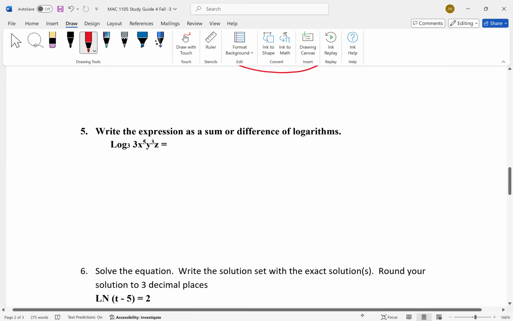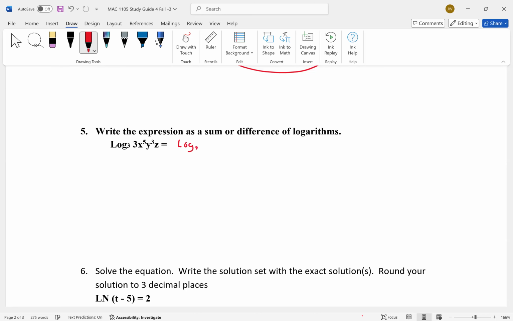Okay, now we're going to write the expression as a sum or difference of logarithms. So let's break this down. We have the log base 3 of 3 plus the log base 3 of x to the fifth plus the log base 3 of y to the third plus the log base 3 of z.